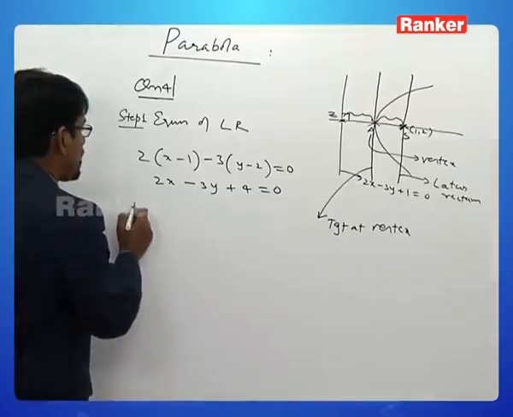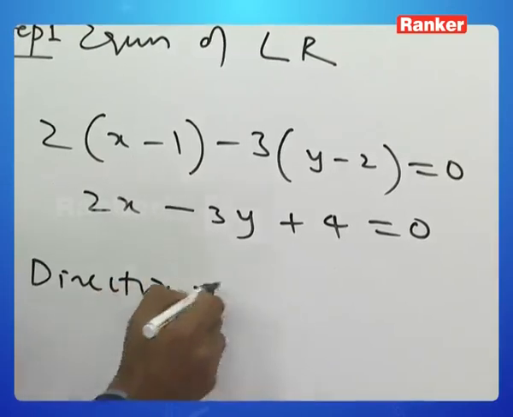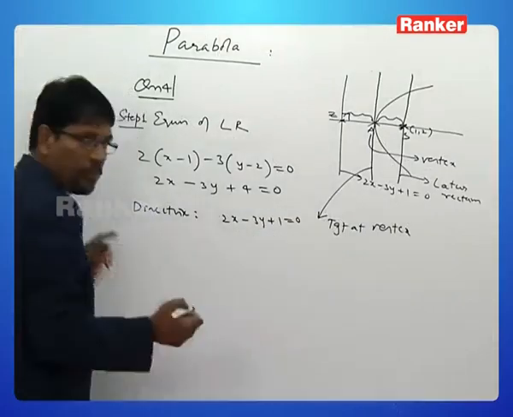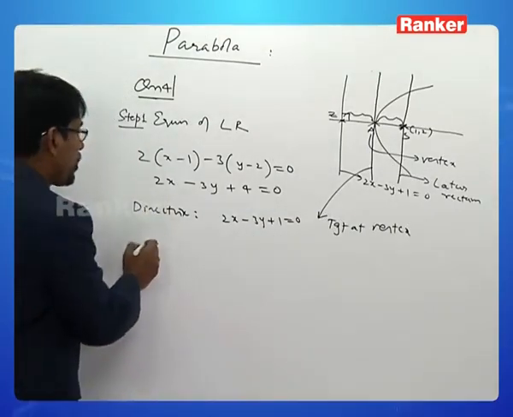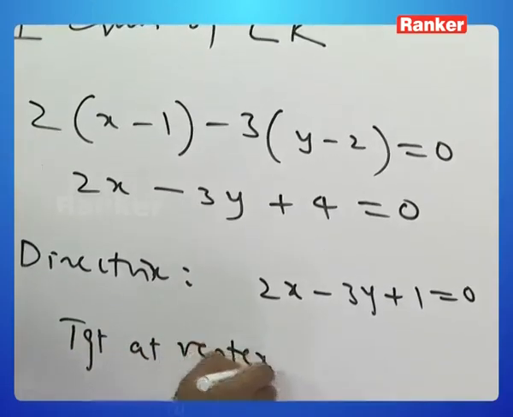Now the directrix, what was the directrix given? Directrix is given to be 2x - 3y + 1 = 0. The line that we require, the tangent at the vertex, has to be in between them.